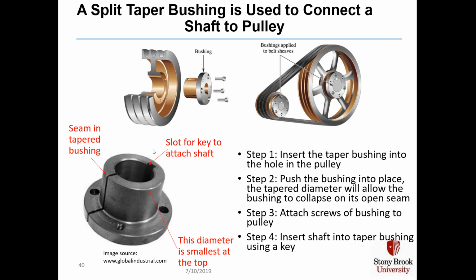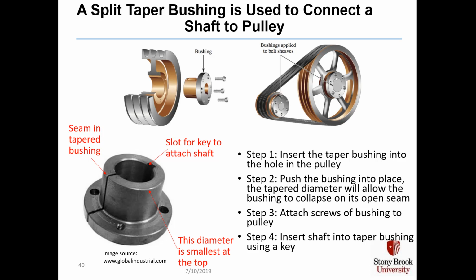The taper part of the bushing gets its name from the fact that the diameter is smallest at the top, such that when you assemble the bushing into the pulley, the small part goes in first, and the farther you push the bushing into the pulley, the larger the diameter of the bushing that contacts the pulley.